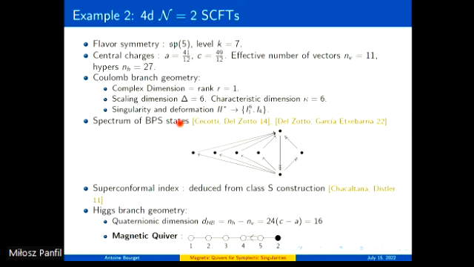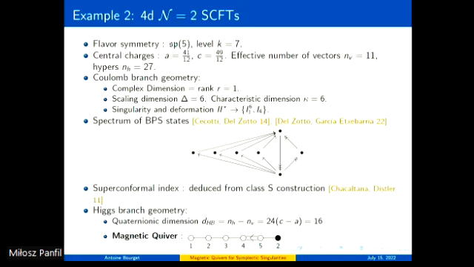The Coulomb branch geometry is characterized by what I just showed in the previous slide. You can compute the spectrum of BPS states as a BPS quiver. And this was actually published recently, a few months ago, by Michele Del Zotto and Iñaki Garcia Etxebarria. You can compute superconformal indices based on some class S realization. But what I'm interested in here is the Higgs branch geometry.